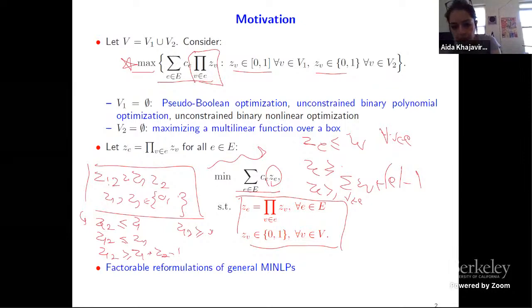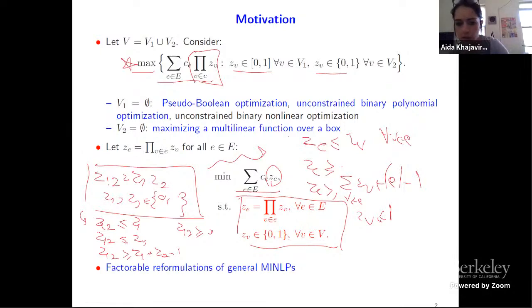And also ZV less than or equal to 1 for all V. So these few linear inequalities give you the convex hull of a set defined by a single multilinear equation over the set of binary points.